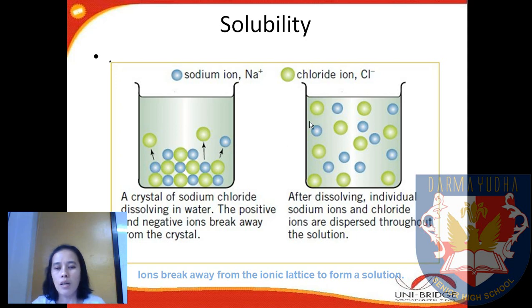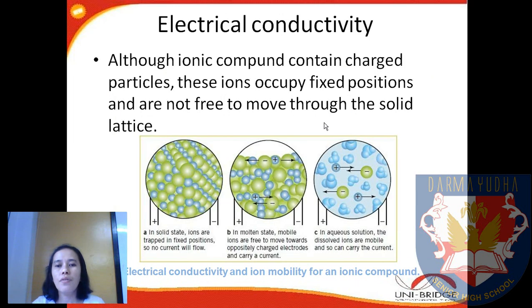But it's different if we have an ionic compound in solid state. Ions in an ionic compound in solid state cannot move. So since they cannot move, they cannot carry any electrical charge. But it's different in molten or aqueous solution.